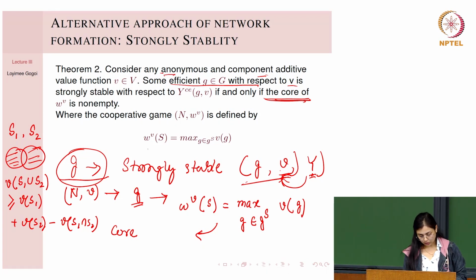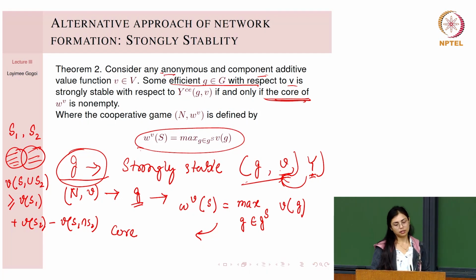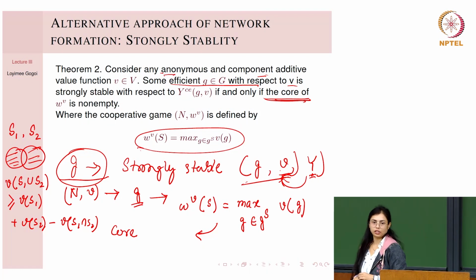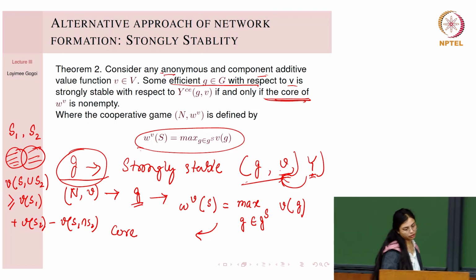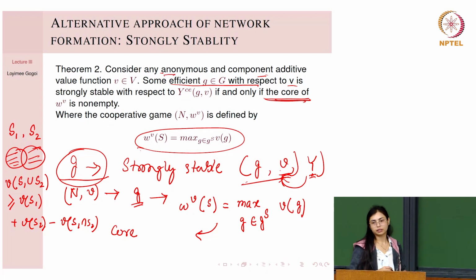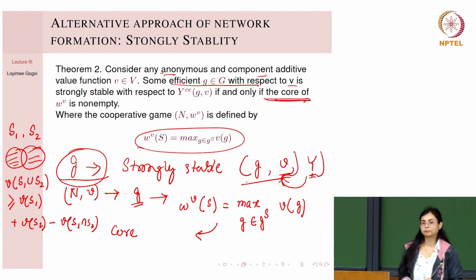So if the core is non-empty, if and only if this efficiency condition is satisfied, then we can have a strongly stable network which is also efficient.